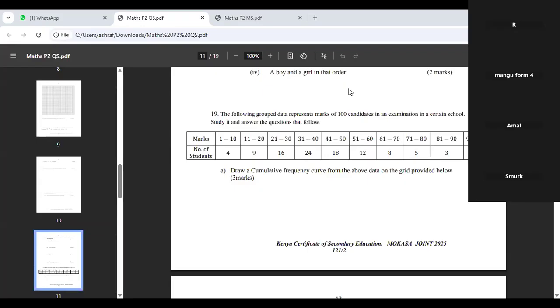So when you simplify, it will be 9 over 14. Let me take the example for the first point, which was asking both girls. When you simplify, it will be 5 over 14 multiplied by 4 over 13, or multiplied by 1 over 3.